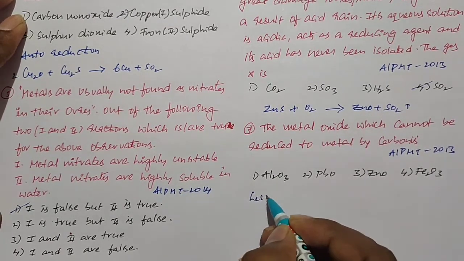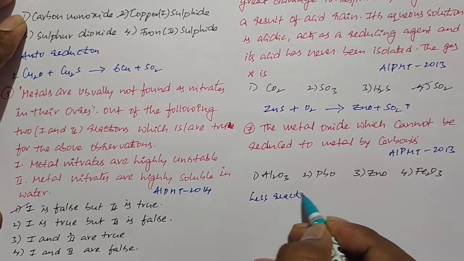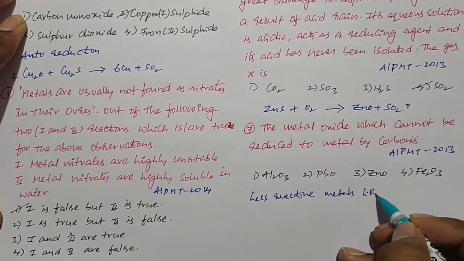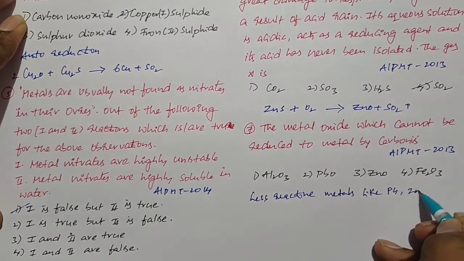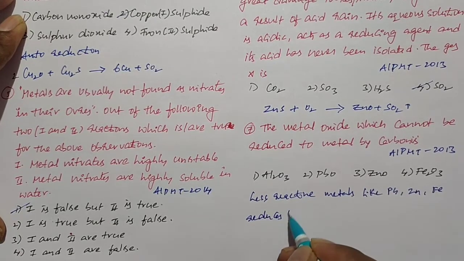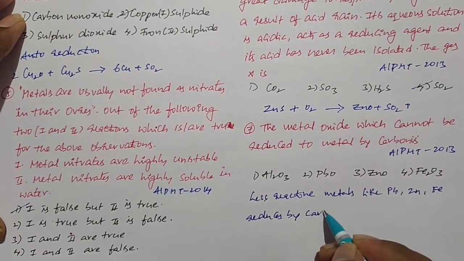So less reactive metals like lead, zinc, iron are reduced by carbon.